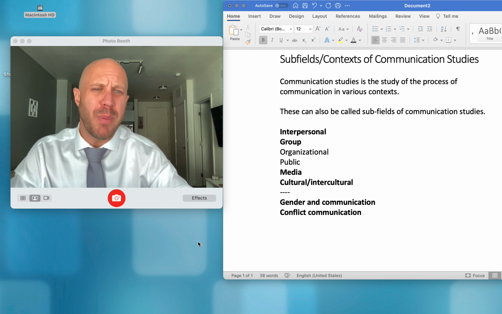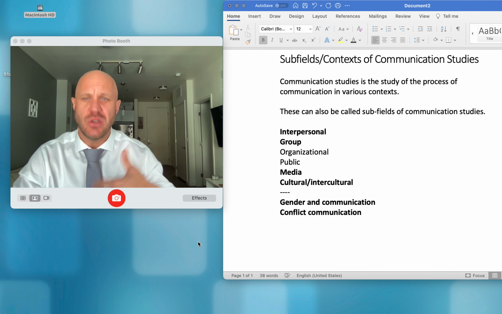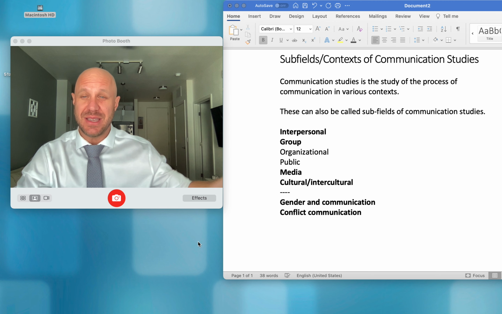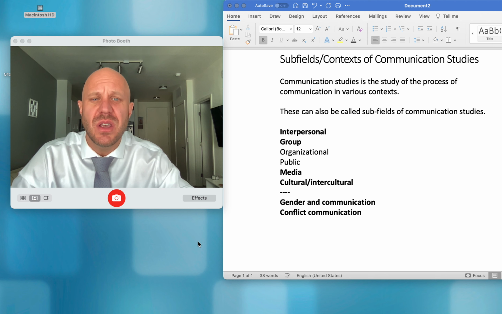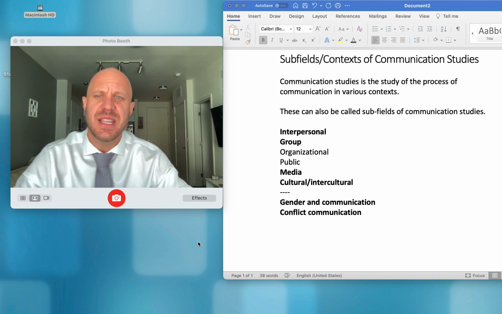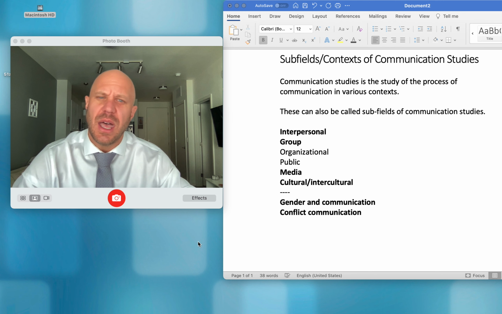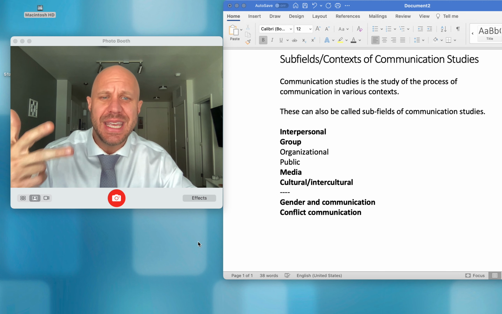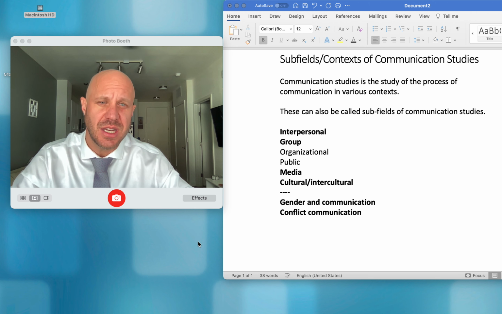The ones in bold are the ones we're going to be reading about this semester, and by the end of the semester you should be able to talk about the different topic areas within these six that I have highlighted on this list. So get to know these: interpersonal, group, media, cultural, gender, and conflict communication. I want you to know these this semester.